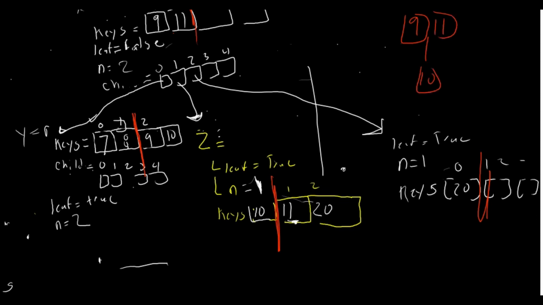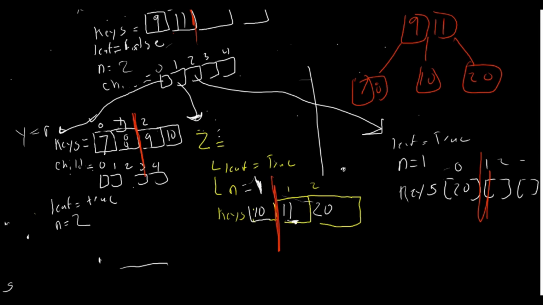And then the red node here. So this is how our B tree has a little bit of extra spaces. This explains why you need extra spaces in the array. So let's draw it out real quick. And this is our end result.